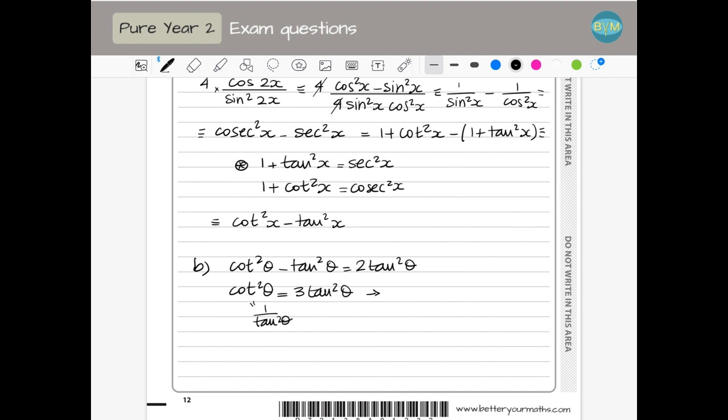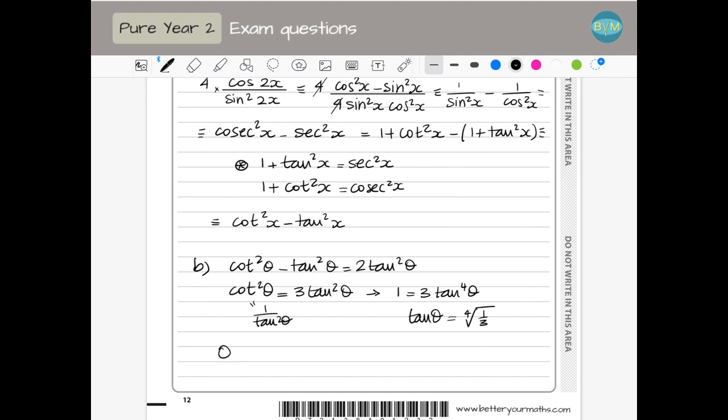When I multiply both sides by tan squared, I have 1 is 3 tan to the power of 4 theta, which means that tan to the power of 4 theta is 1/3. So tan theta is the 4th root of 1/3.